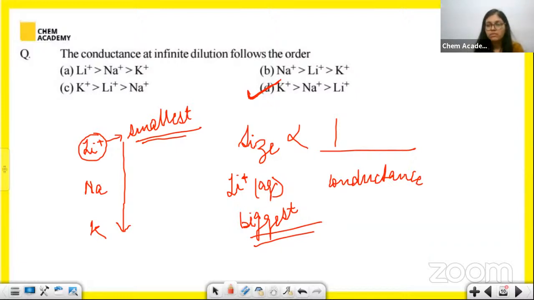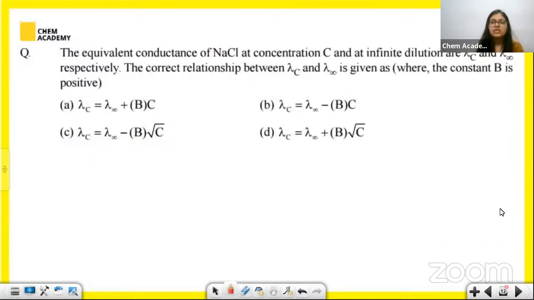Okay. So this question says the equivalent conductance of NaCl at concentration C and at infinite dilution are lambda C and lambda infinity respectively. The correct relationship between lambda C and lambda infinity is given as.